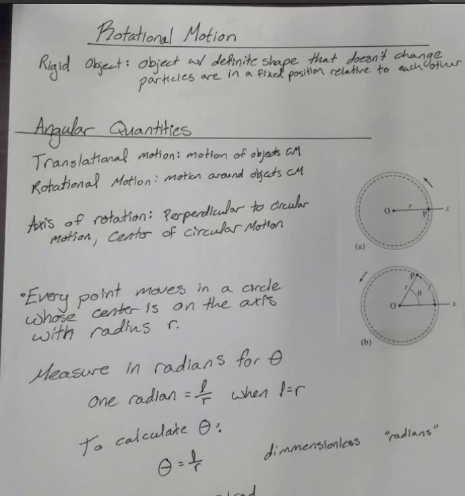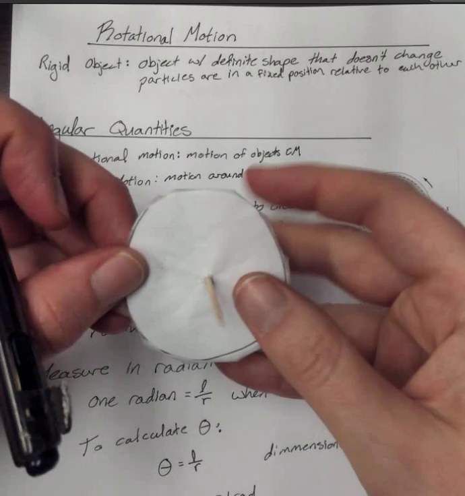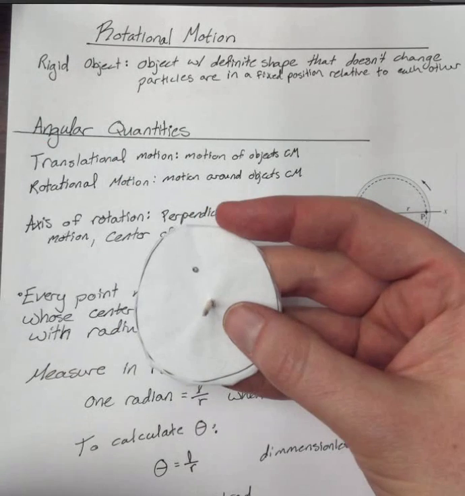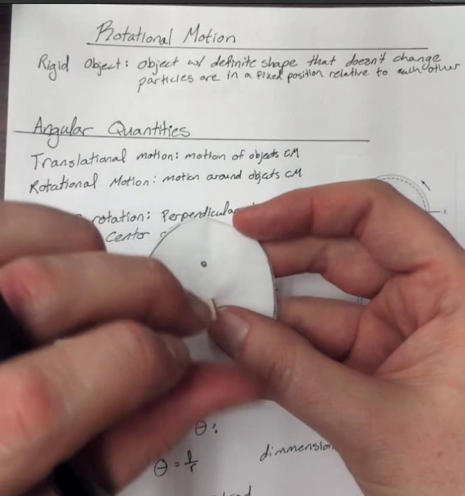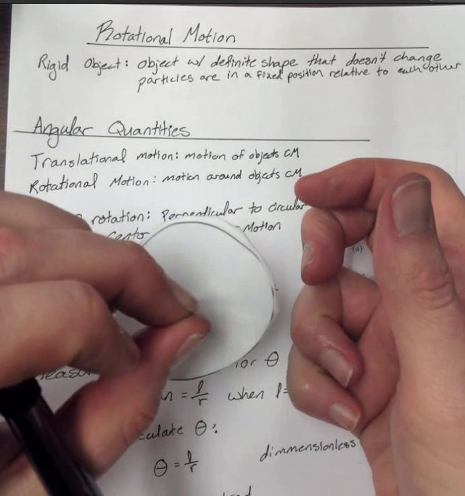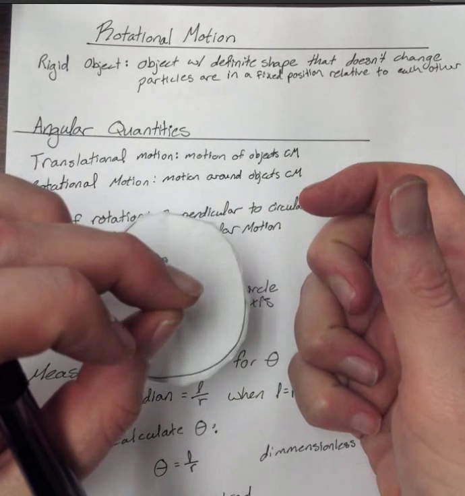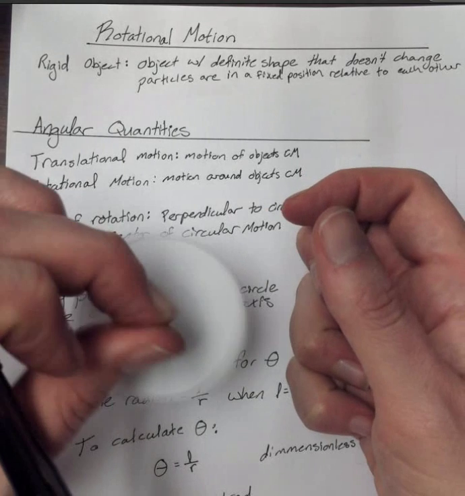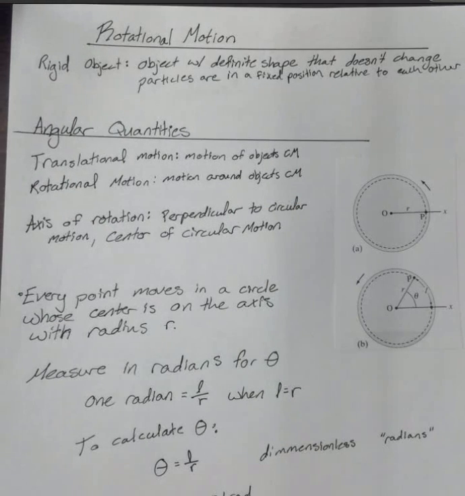A rigid shape doesn't compress, it doesn't squish, and if we've got one particle inside of a rigid shape, that particle is going to stay right there the whole time as the shape moves. All of the particles stay in their place as a rigid shape moves.